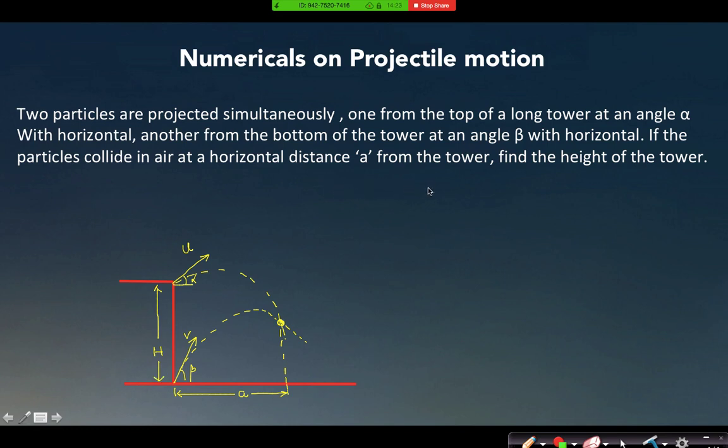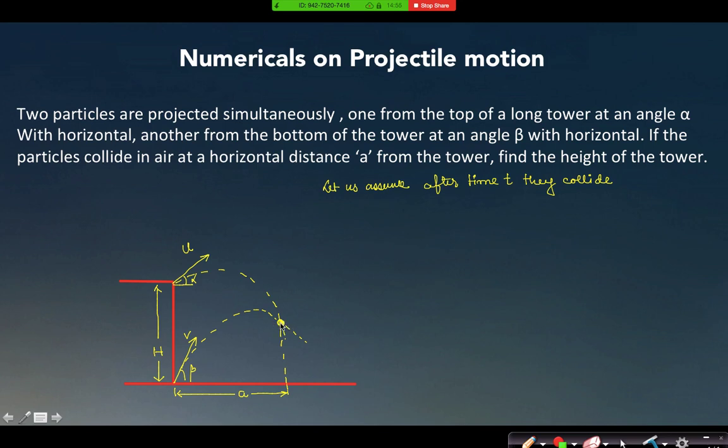Now tell me, if I assume that after time t they collide, then can I understand that at a time t their horizontal displacements are the same?